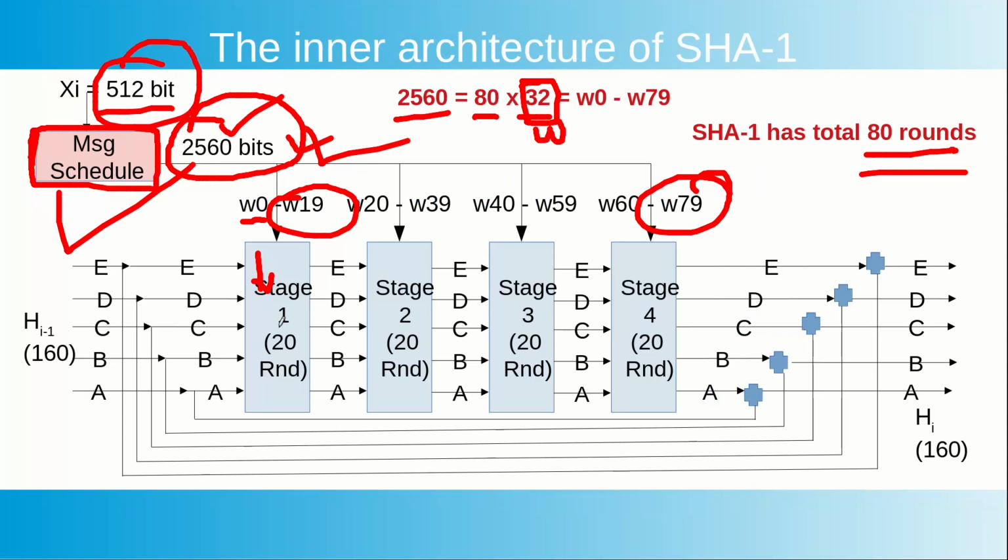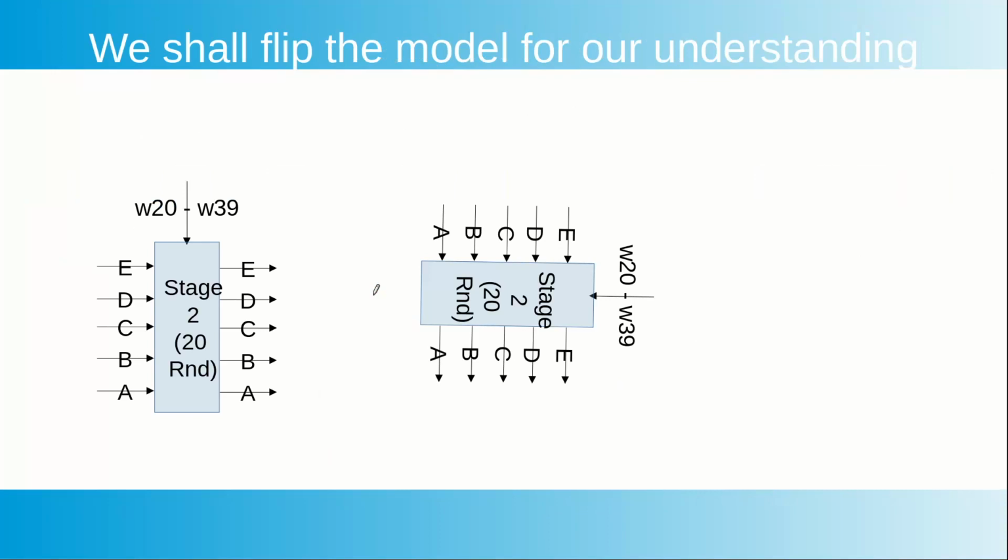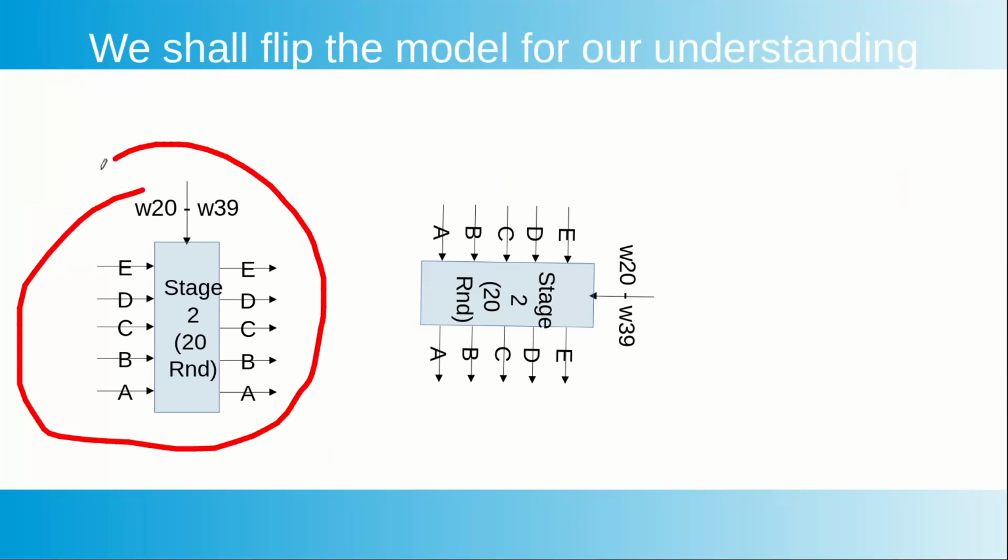Now I will discuss one particular stage, maybe stage number 2. For our convenience, I will flip the stage, so that instead of propagating from left to right, I can visualize it as propagating from top to bottom.